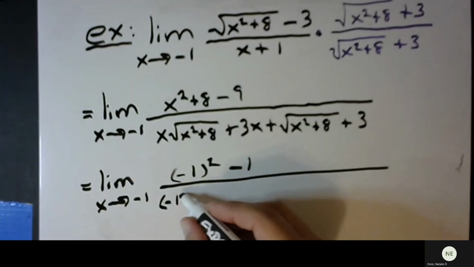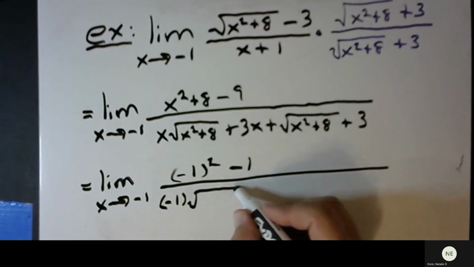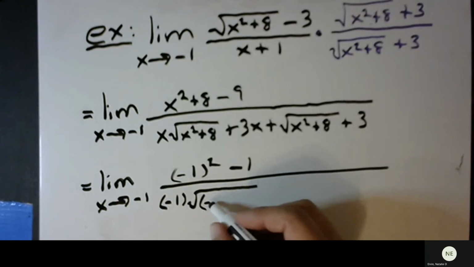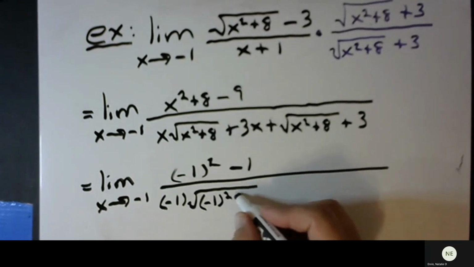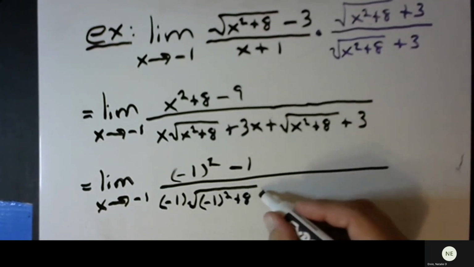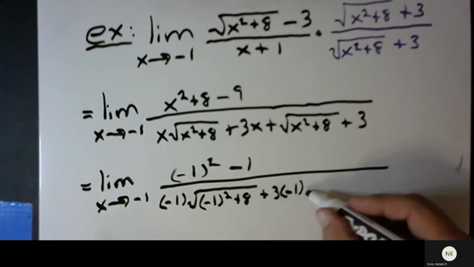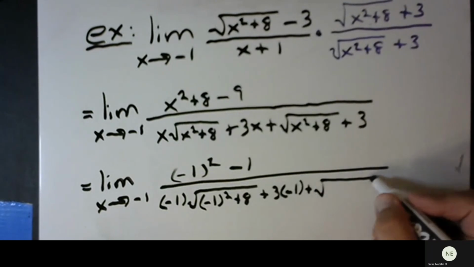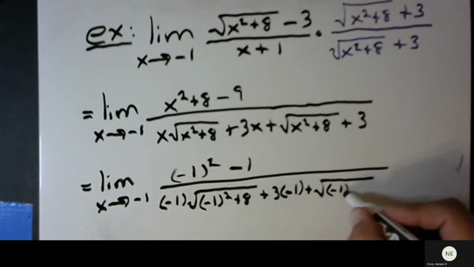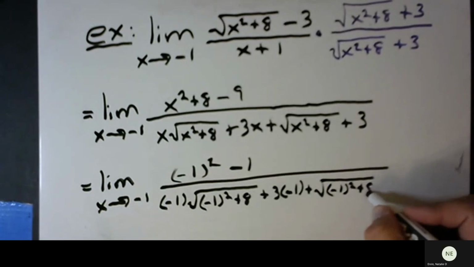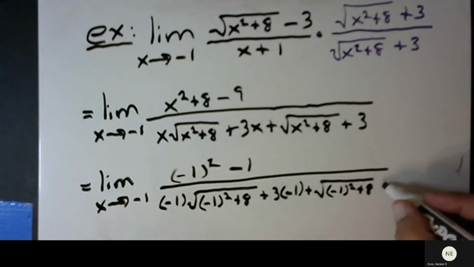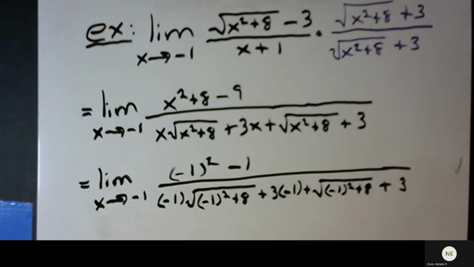We have -1 square root, -1 squared plus 8, plus 3 times -1 plus minus 1 squared plus 8, taking the square root of that, and then plus 3. Let's see, it doesn't look like we're improving anything yet.